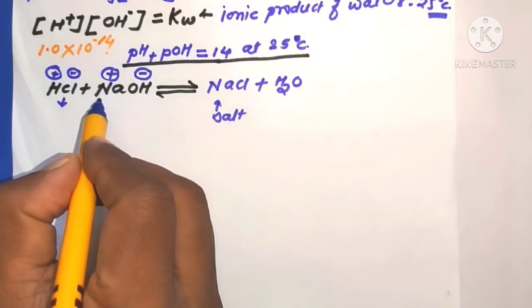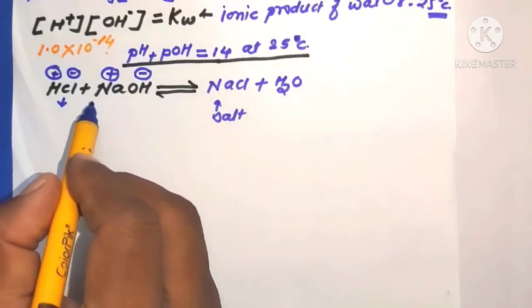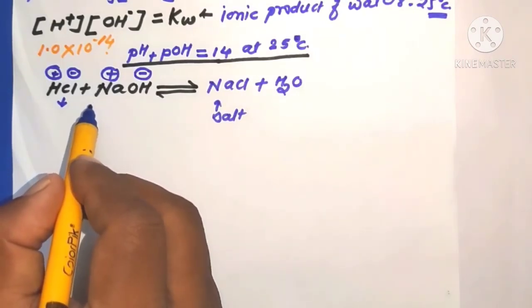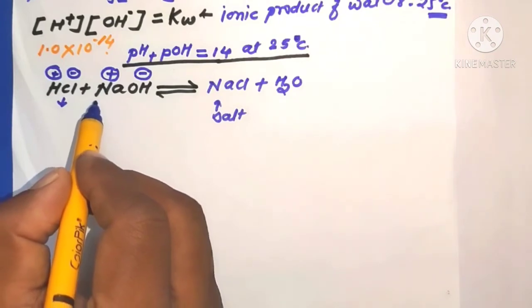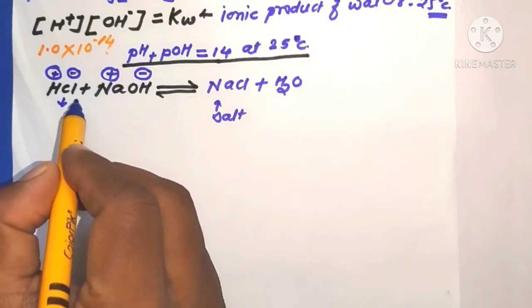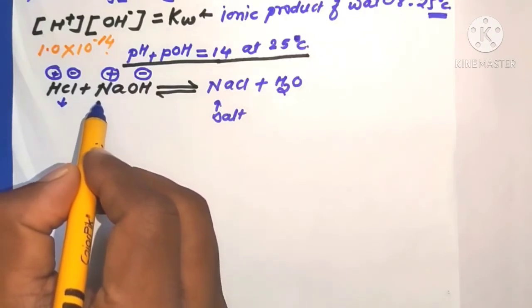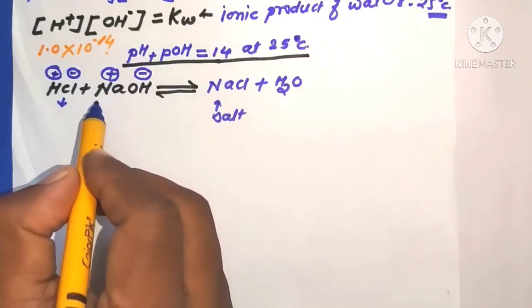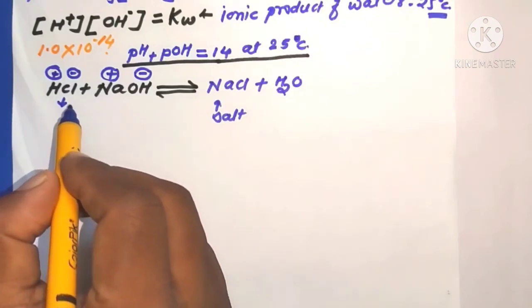During this process, there is a continuous increase in the pH of the solution by addition of base into the acid solution.